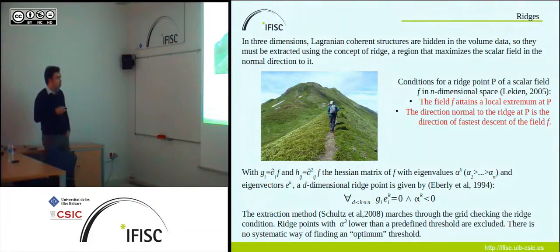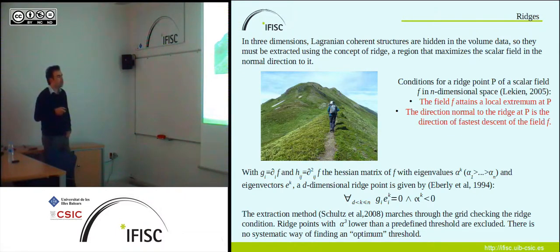If you look at this picture, you can see that the 2D field is just the height of this mountain at every point. And you see that if a person walks along this path, like this gentleman here, if he moves sideways, he will start to go down. So in the direction perpendicular to this path, the field attains a maximum. So that's what we say is a ridge.